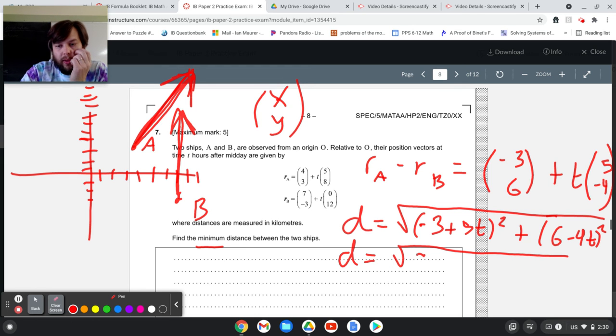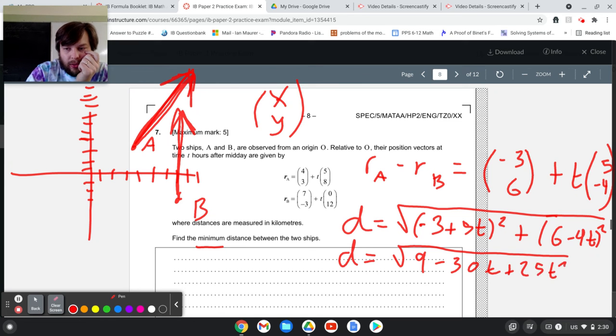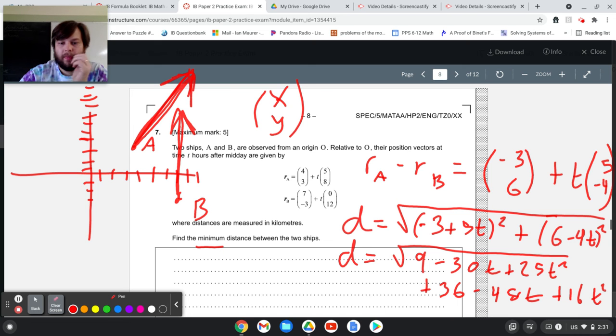And we have 9 minus 30t plus 25t squared plus 36, and then minus 48t, and then what would that be? Plus 16t squared.